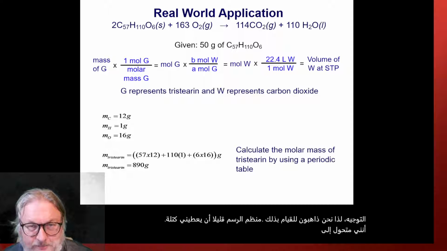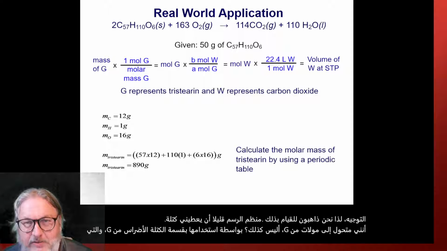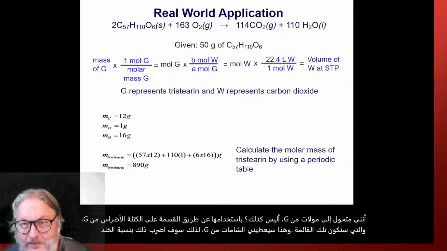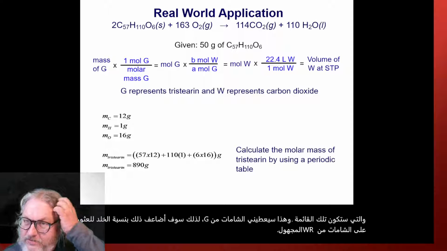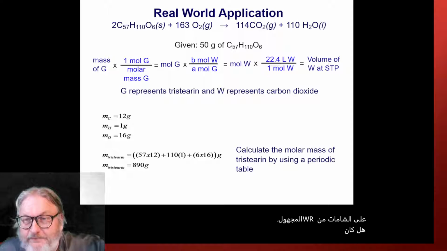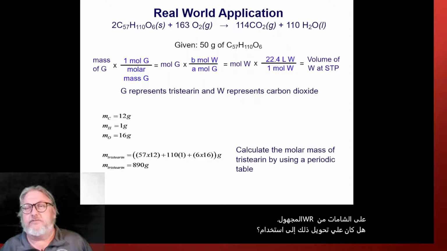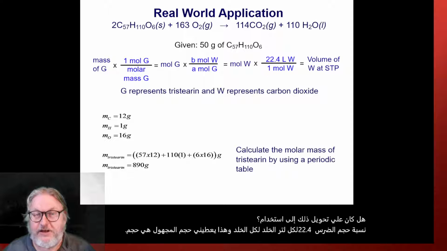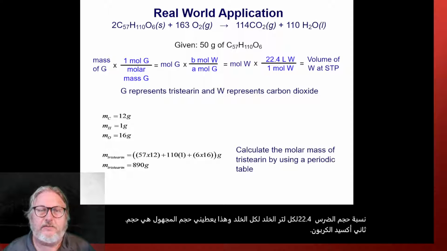Dividing by the molar mass of G, which would be the tristyrene. That's going to give me the moles of G, so I'll multiply that by the mole ratio to find the moles of the W, or the unknown. Then I just have to convert that using the molar volume ratio, 22.4 liters per mole, and that gives me the volume of the unknown, or the volume of carbon dioxide.